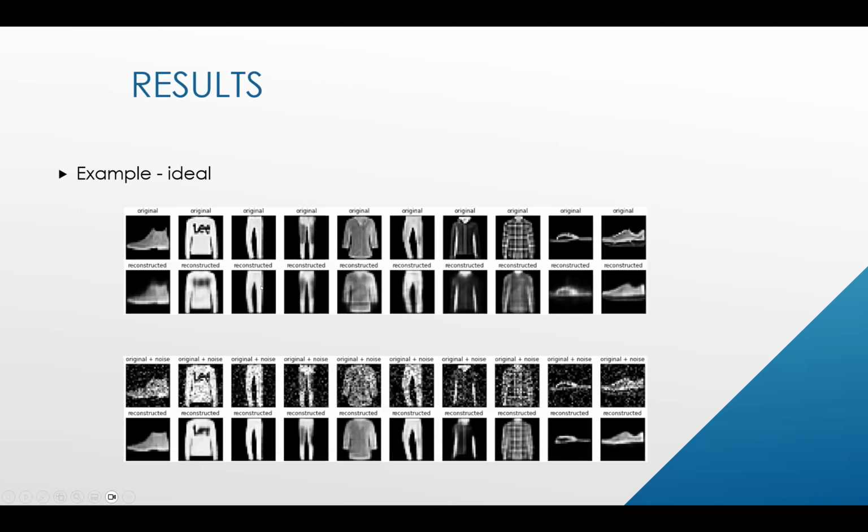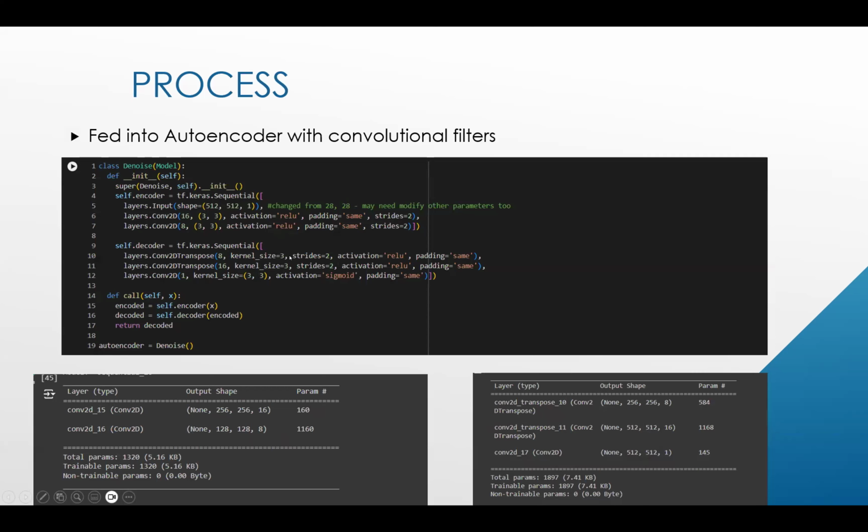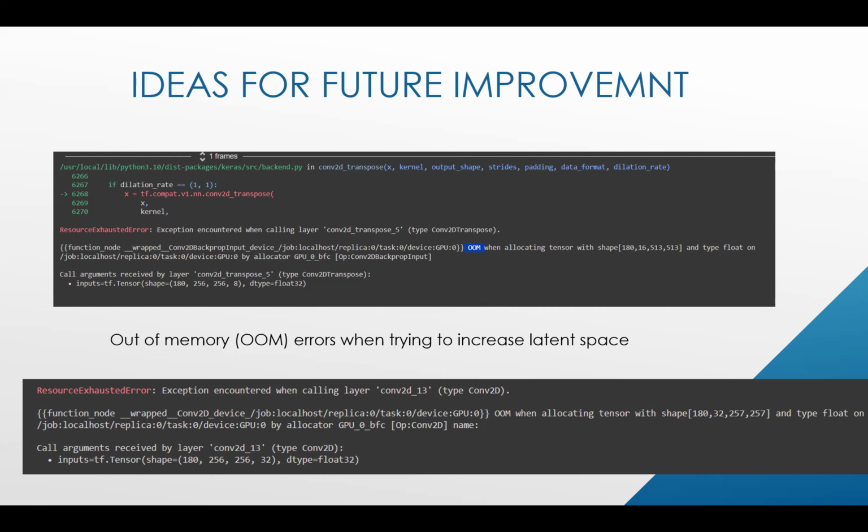But with these much larger images, looking at examples online, I suspect you need a higher latent space in the middle and more parameters. I was running into all kinds of memory issues when I tried to increase the number of parameters. No, you have to cut out little snippets. You could do 32 by 32 or something like that.